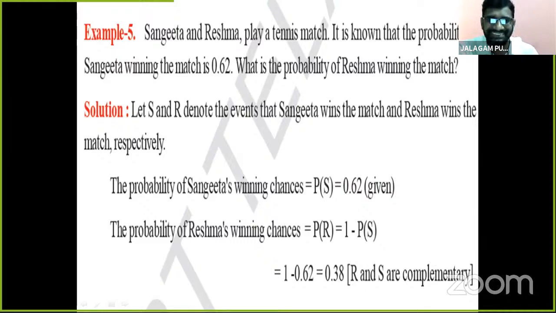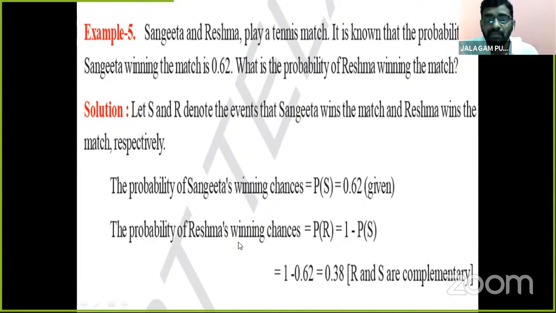Complementary events. What is a complementary event? P of E plus P of not E is equal to how much? 1. That's right. The probability of Sangeeta's winning is P of S, which is given as 0.62.